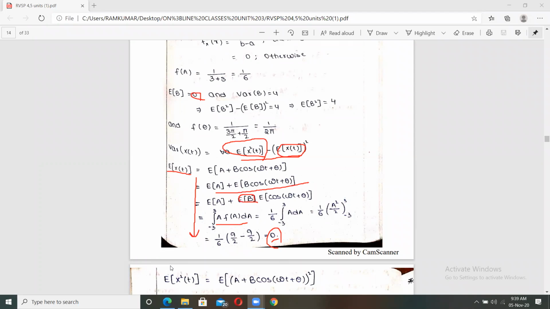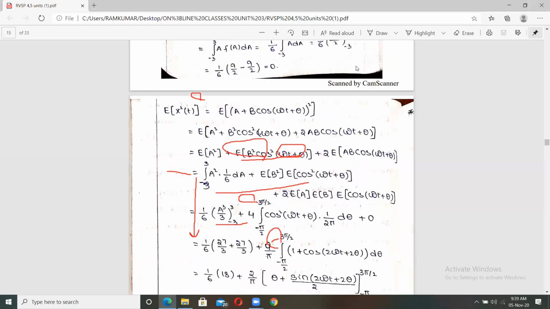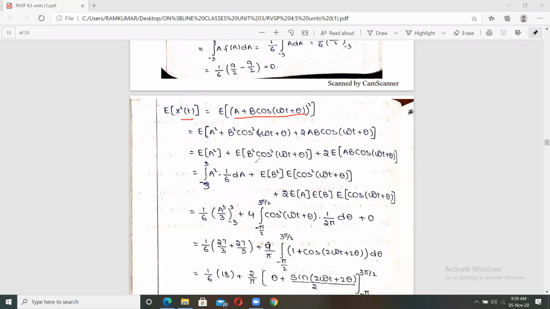Now, e of x square of t. E of x square of t is equal to. Now we have to expand this term. Finally, this is a simple algebraic calculation by using trigonometric functions. A square equal to a cube by 3.